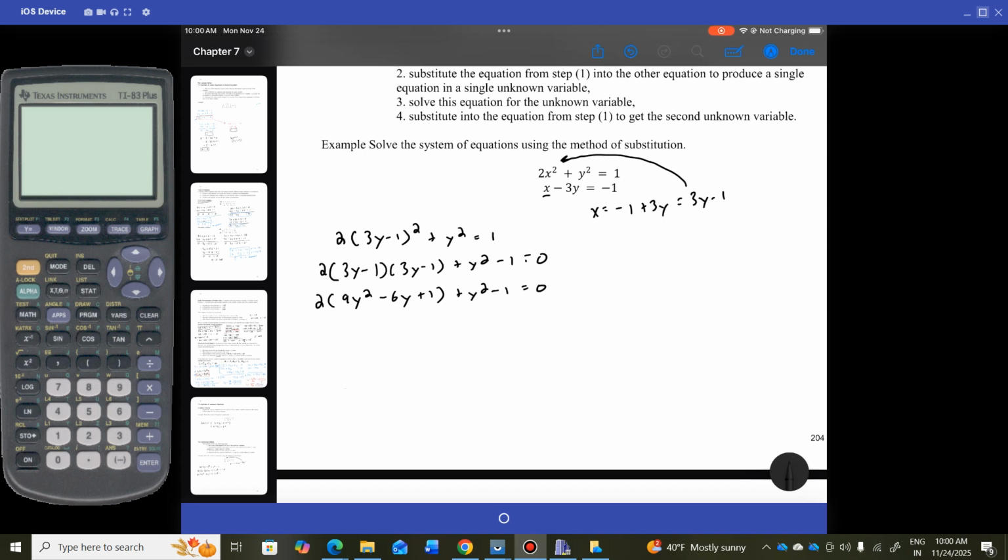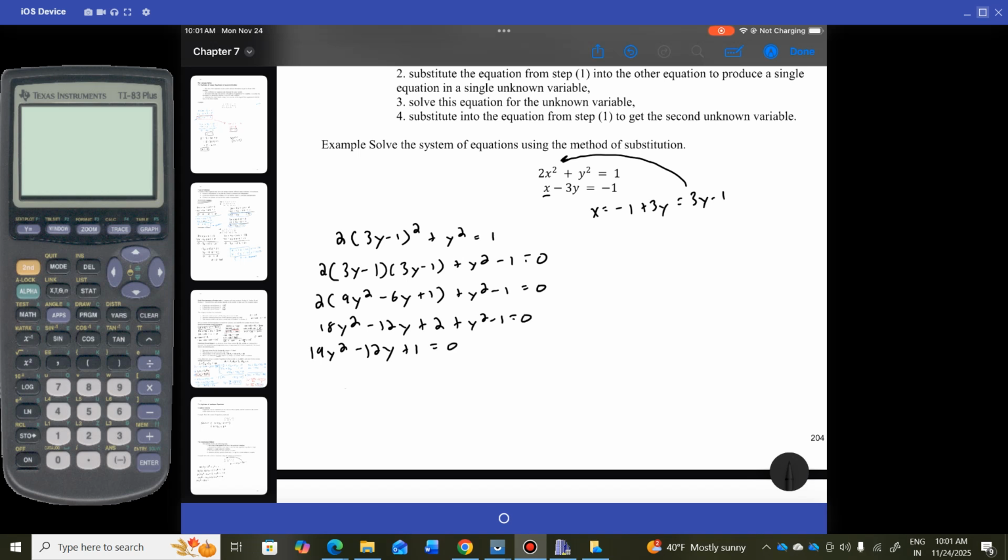And then multiply in the 2, so 18y squared minus 12y plus 2, plus y squared minus 1. And then put like terms together, we'll have 19y squared minus 12y plus 1 equals 0.